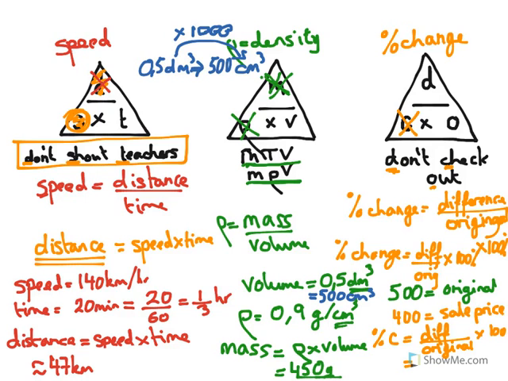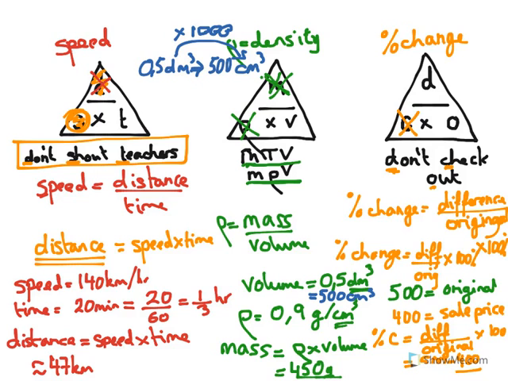The difference in price is going to be 500 minus 400, the original price minus the sale price, divided by the original price, which is 500, times by 100.